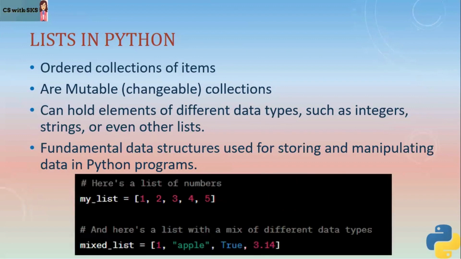Here is one example. If you look here, name of the list is my list. Now, very important thing about list is they are denoted using square brackets, and data inside them are separated by comma. Now, this is a list of numbers, numeric data type. 1, 2, 3, 4, 5.